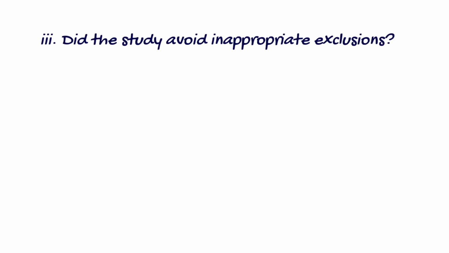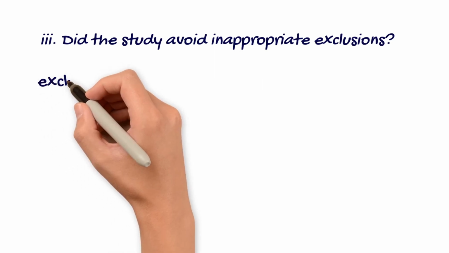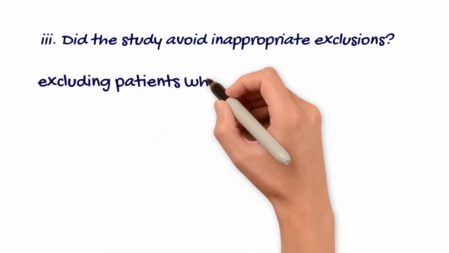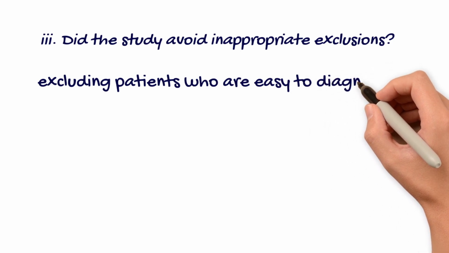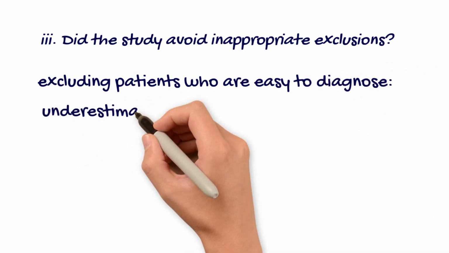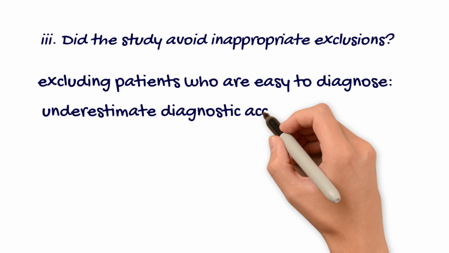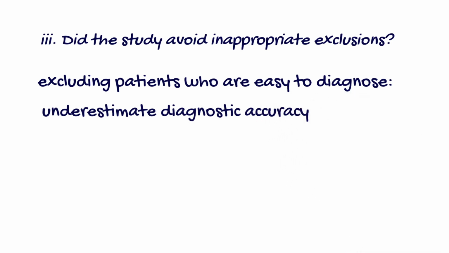It's important that the study explains why they excluded certain patients so we can understand how it might affect the results. Sometimes they exclude patients who clearly have the condition, which might underestimate the test's ability to detect it overall.